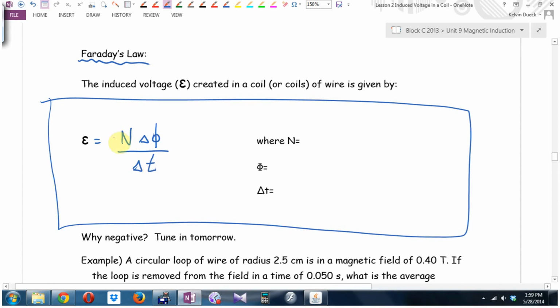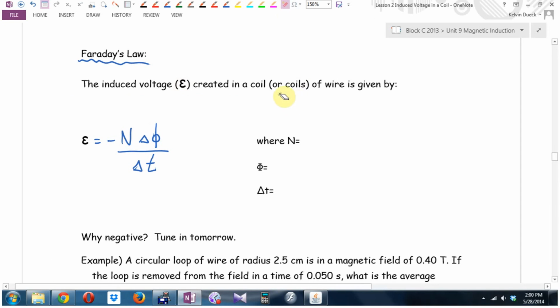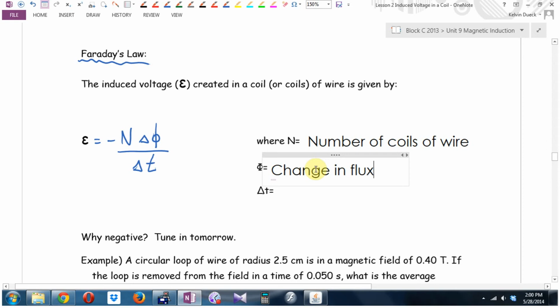And in the space, put a negative. Where N is the number of coils of wire. This is the change in flux.